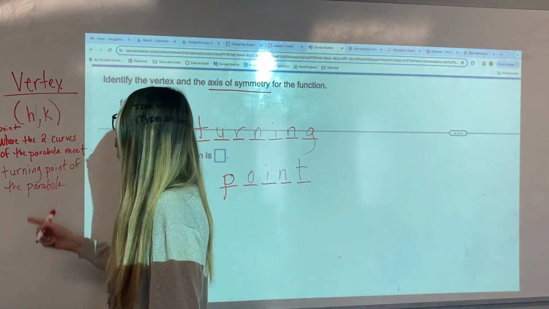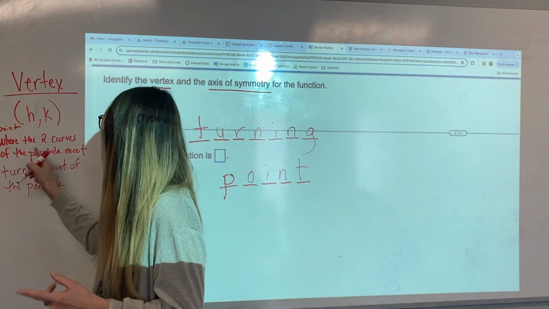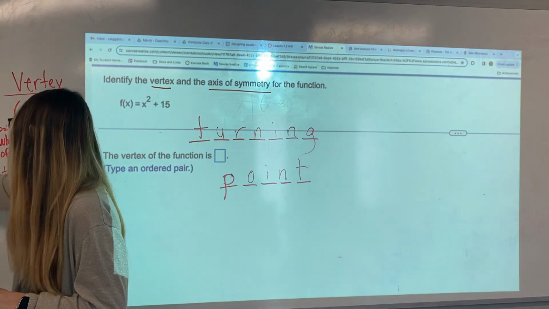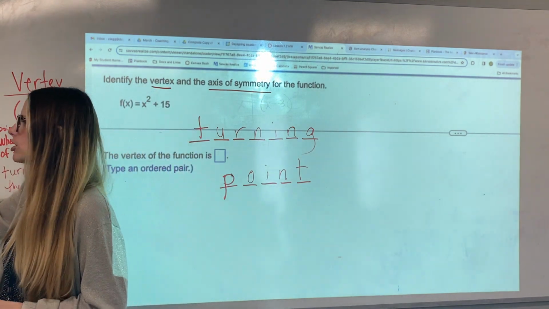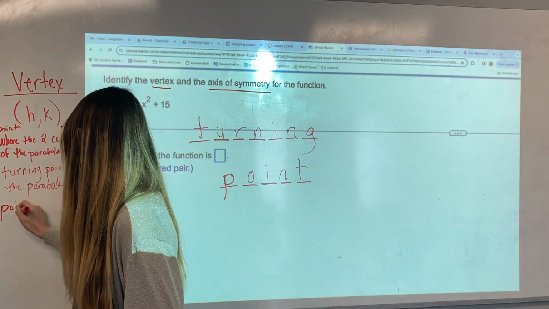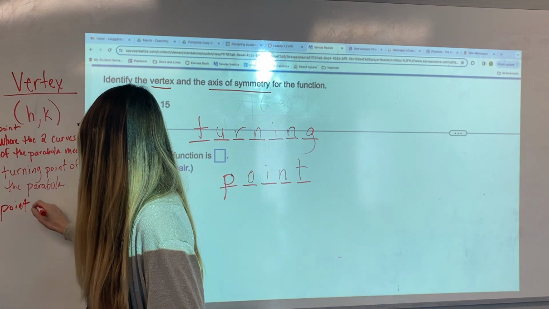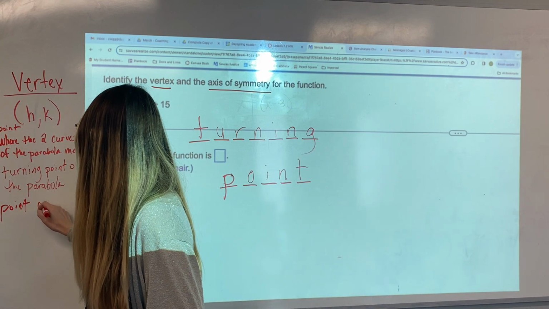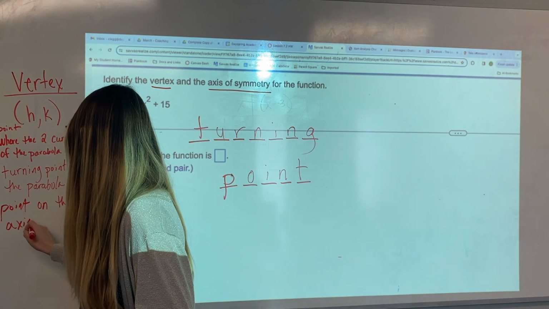So the vertex, which we might call h, k when we're thinking about vertex form, is the point where the two curves of the parabola meet. It's also the turning point of the parabola where it changes direction. It's also the point on the axis of symmetry. Anybody taking notes on this? Yeah. Okay, good.